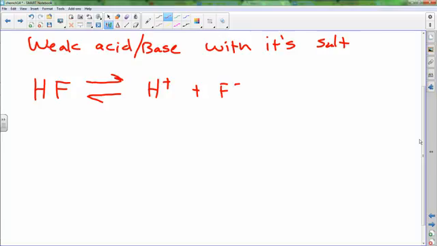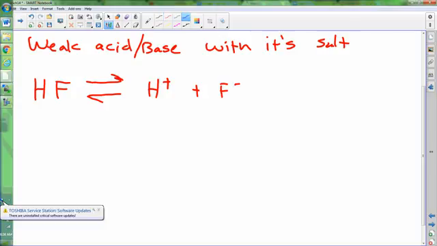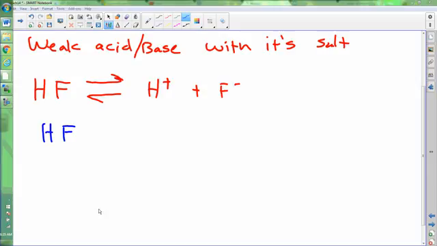Now, if we take that HF and we put it in with, say, sodium fluoride, then what we're going to get is a solution where we have HF on one side.